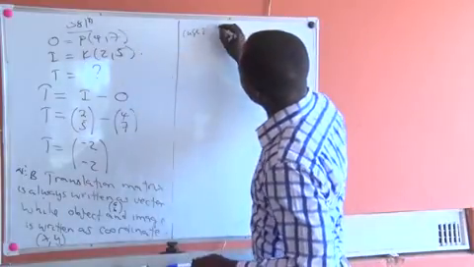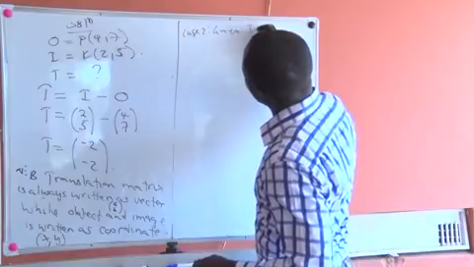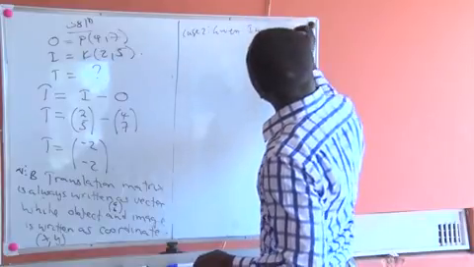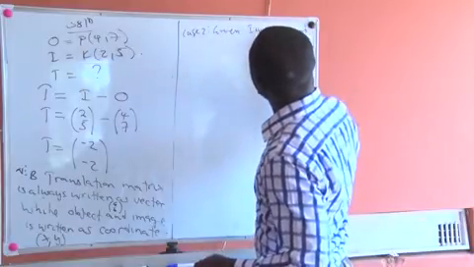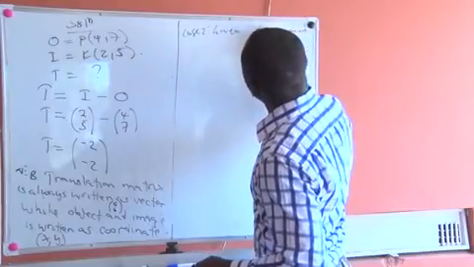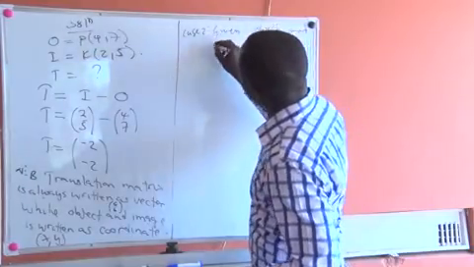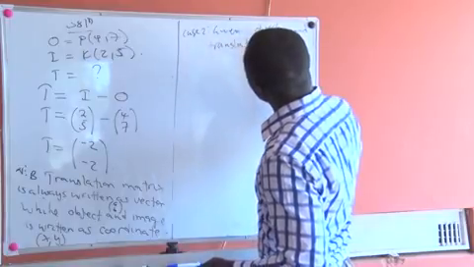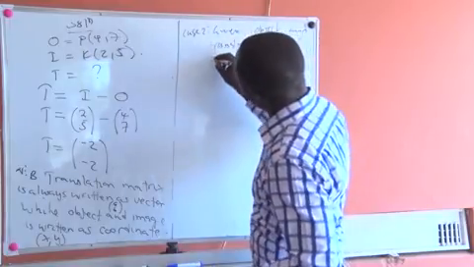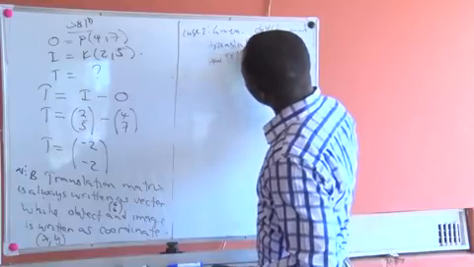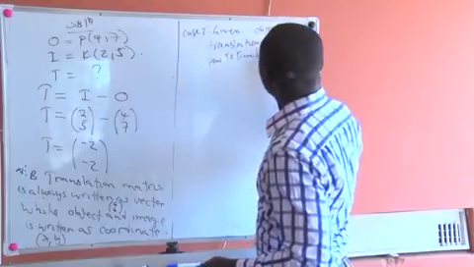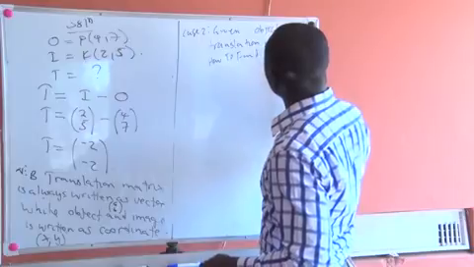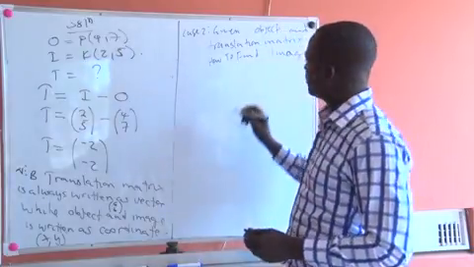Case number 2: given the object and translation matrix, how to find the image? So that is the second scenario.